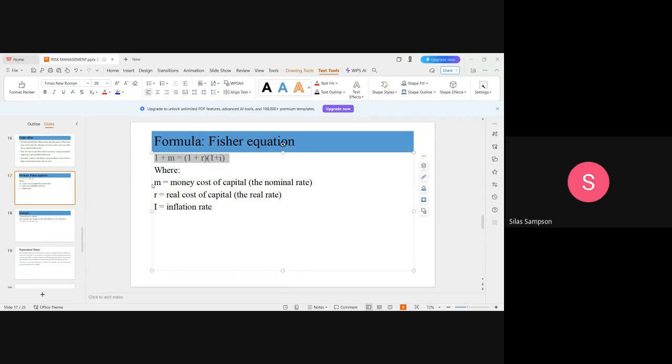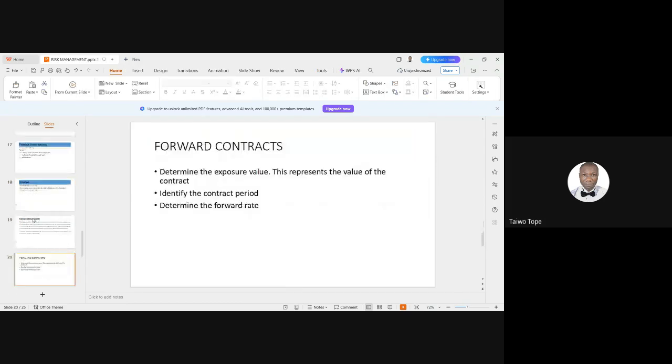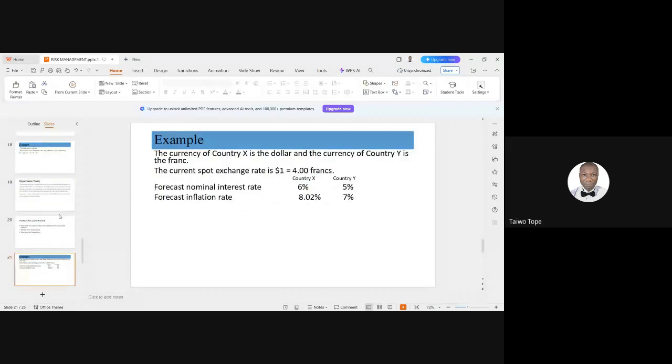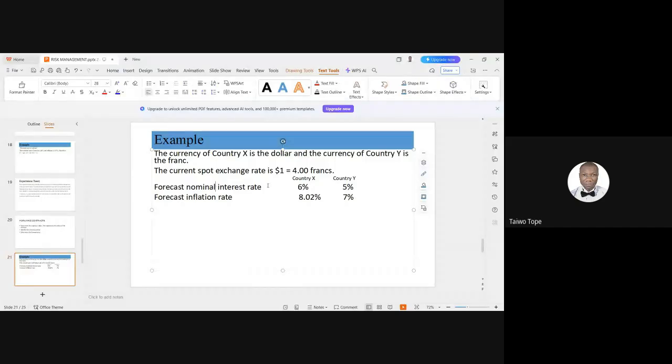So the point is, there is a question on expectation theory. I think it's in this slide. Where is this question? Yes, this is a question on the expectation theory, the example I put forth, but it's just repetition.